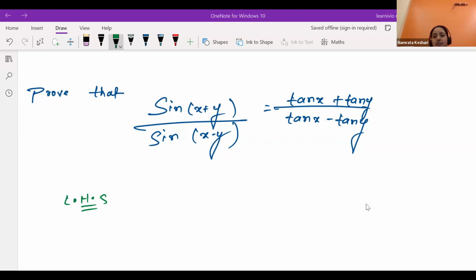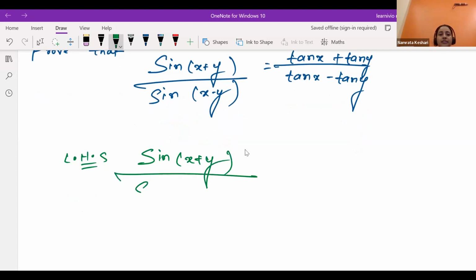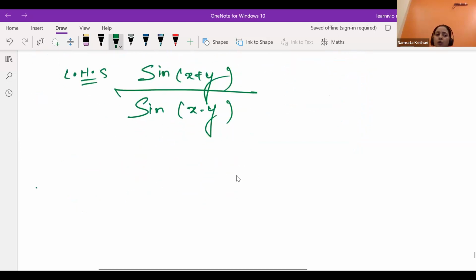Yes, let's continue. So we have sin x plus y over sin x minus y. Now we will apply the formula which we know already, which is written on the upper part of the screen.